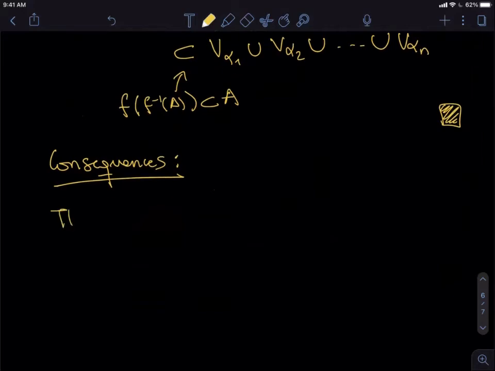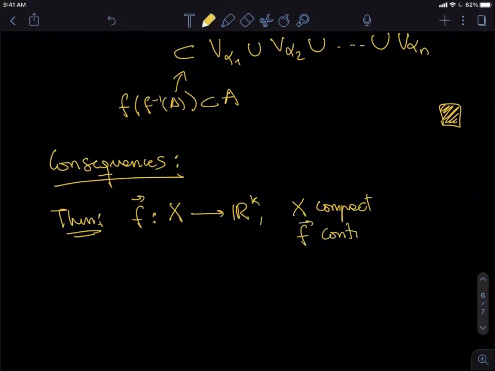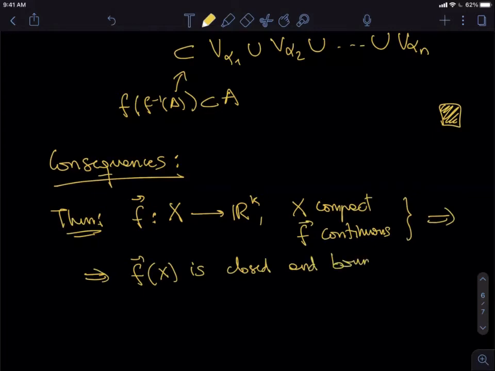The first one: if we have a vector function f from a metric space into R k, and X is compact, X compact and f continuous, those are the two things we need, then the image of X by f is closed and bounded. And also f as a function is bounded.